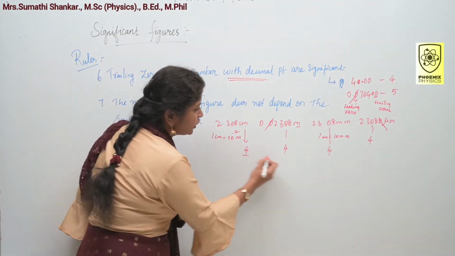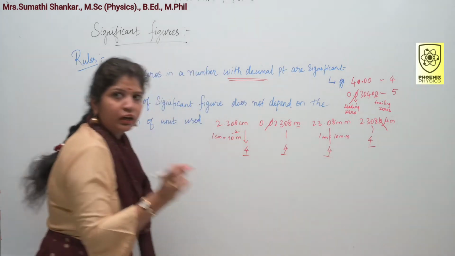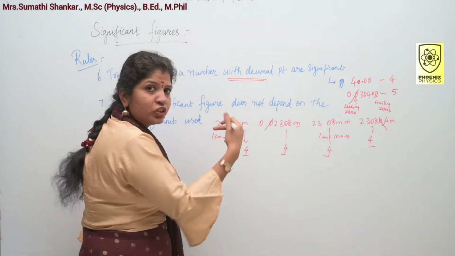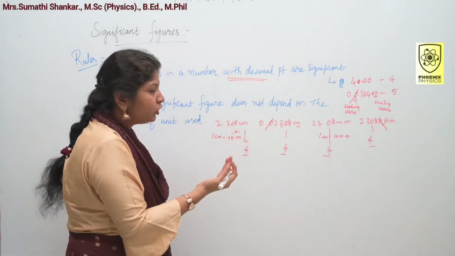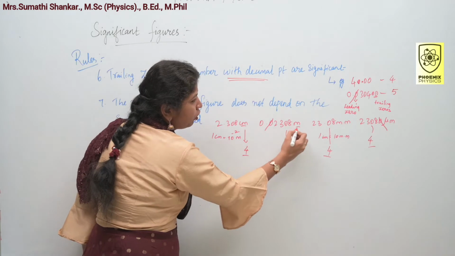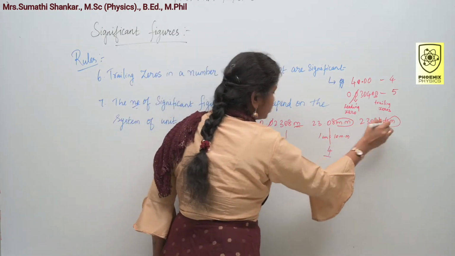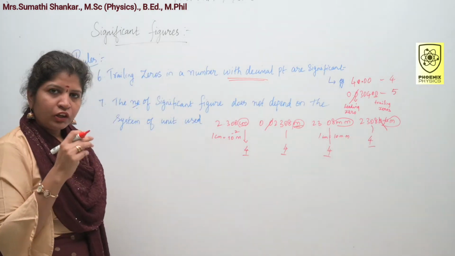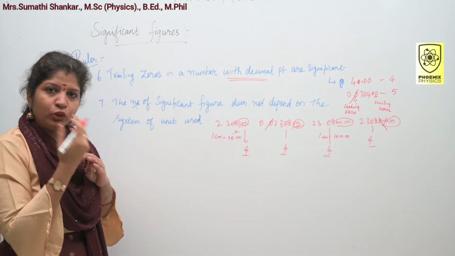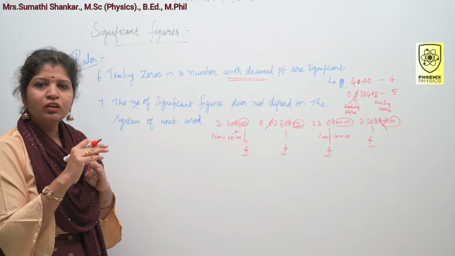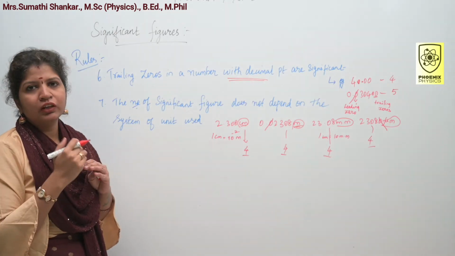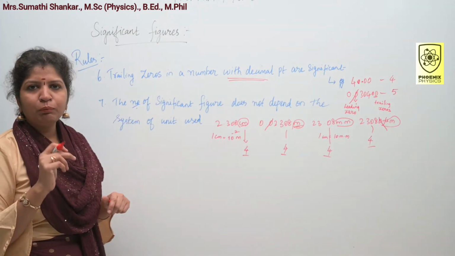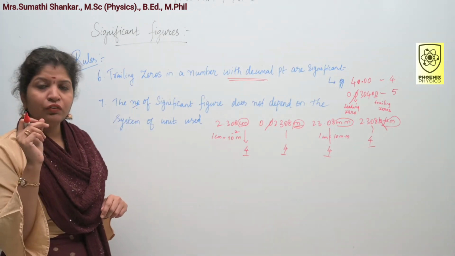The number of significant figures does not change or does not depend on the system of units used, which means if you convert the units, it does not affect the significant figures. Up to this clear? So these are the 7 important rules to write the significant figures.